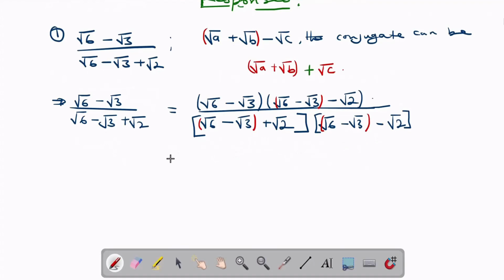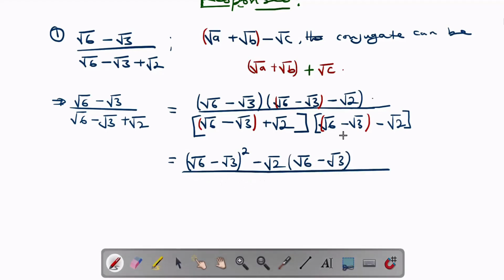So let's now simplify this. We see that these identities are the same here. That means we are going to have the square root of 6 minus the square root of 3, the whole of it squared, minus the square root of 2 multiplied by the square root of 6 minus the square root of 3. We close the brackets. Divided by, down here we have the difference of 2 squares: the square root of 6 minus the square root of 3, the whole of it squared, minus the square root of 2 squared.